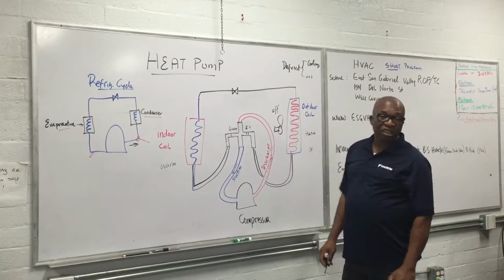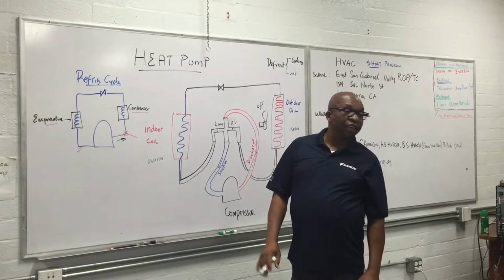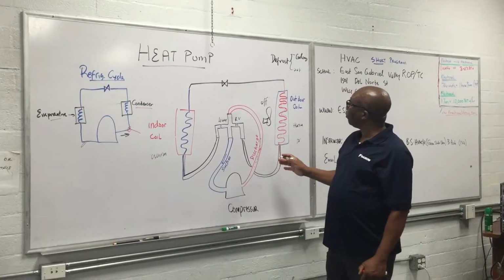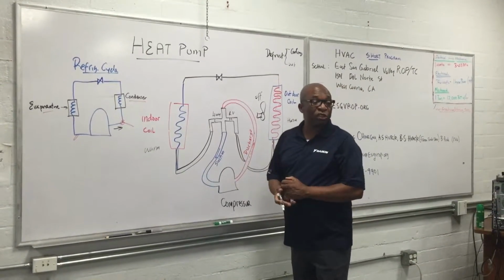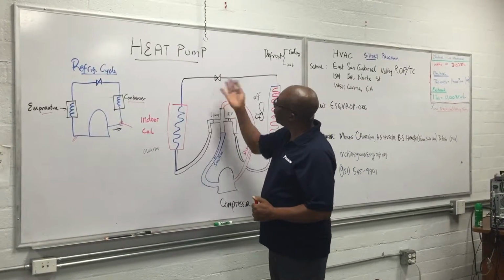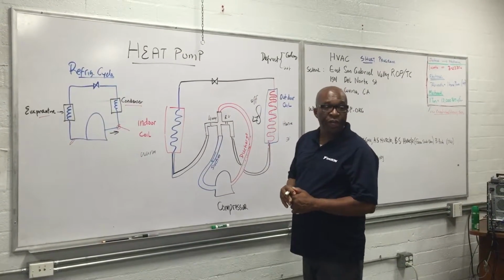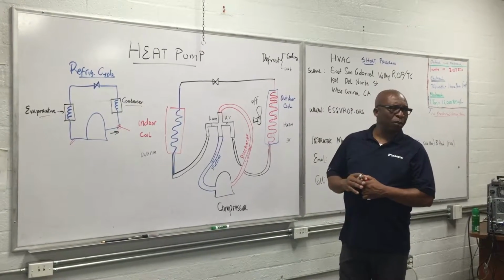This process doesn't take long, it takes less than 3 or 4 minutes to defrost the ice. And once this sensor here sends the signal to the PC board that ice is completely defrosted, the equipment will automatically go into heating again. So that's a basic heat pump operation.